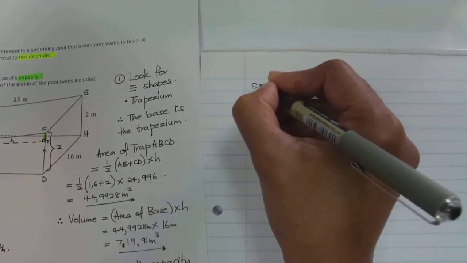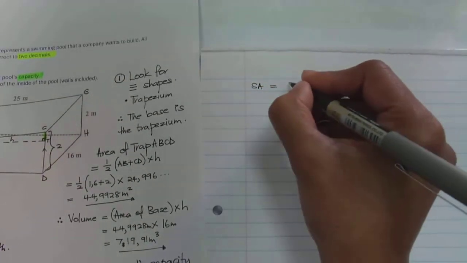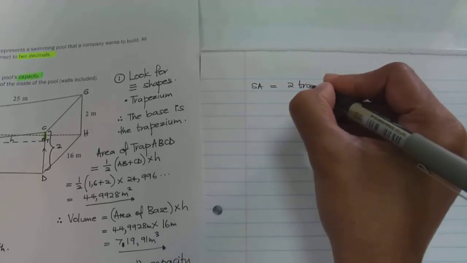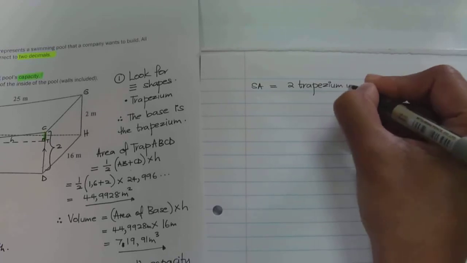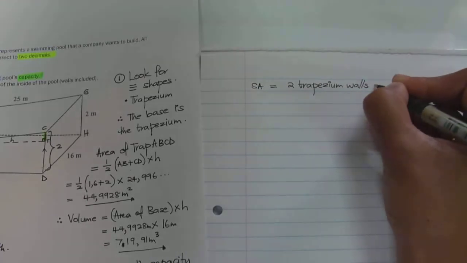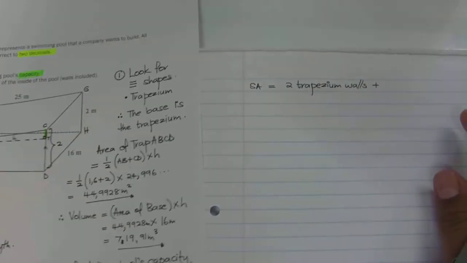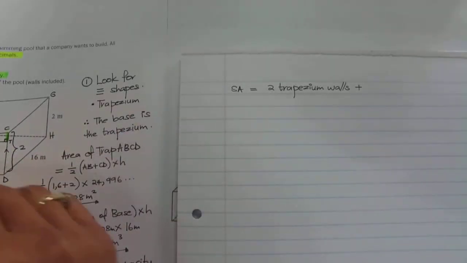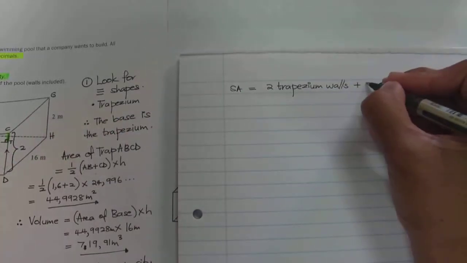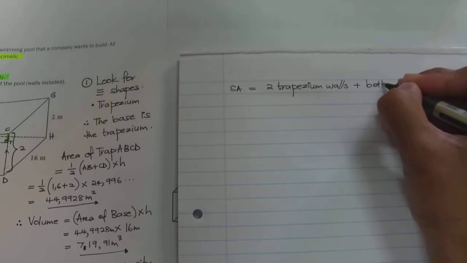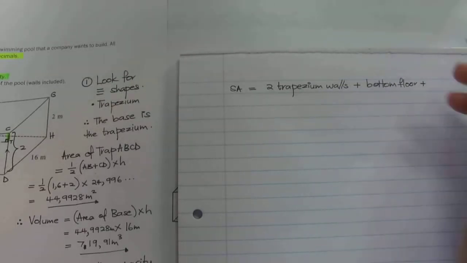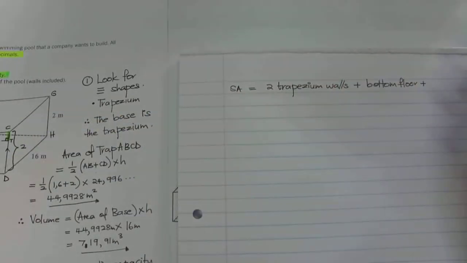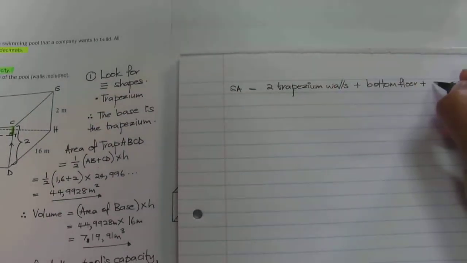So the surface area would be the sum of the two, let's call them the trapezium walls, plus the bottom floor, the base there, plus the two rectangular walls, plus two rectangular walls.